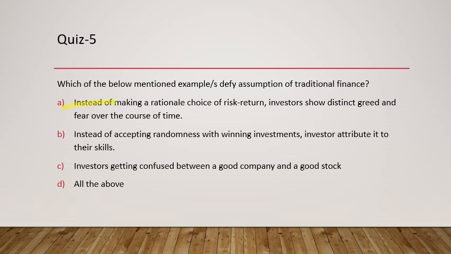So this defies for sure. Instead of accepting randomness with winning investments, investors attribute it to their skill, which is also defying the logic of traditional finance. And investors getting confused between a good company and a good stock. So essentially the answer is D, which means all the above are defying the assumption of traditional finance.